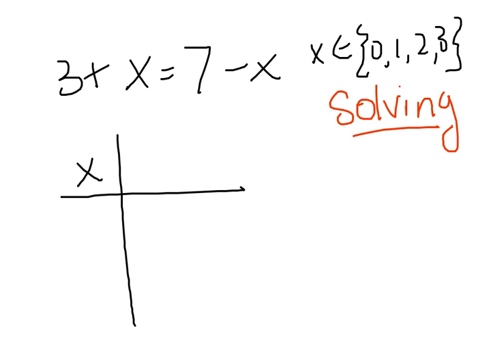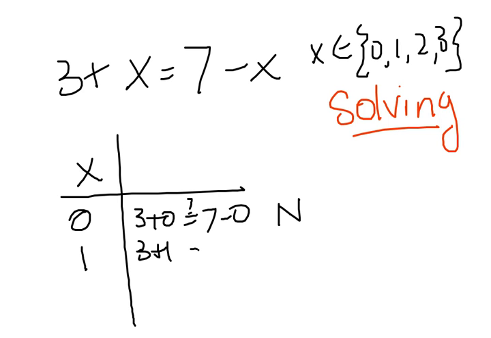So when x is 0, I get 3 plus 0, and does that equal 7 minus 0? Does it? No. What about when x is 1? Does 3 plus 1 equal 7 minus 1? Well, that's 4, and this is 6, so no. How about 2? 3 plus 2, does that equal 7 minus 2?